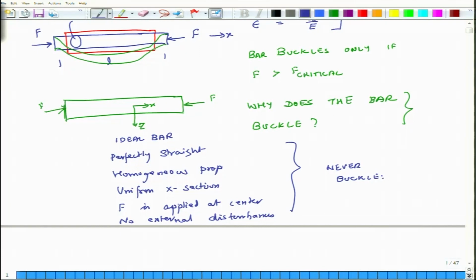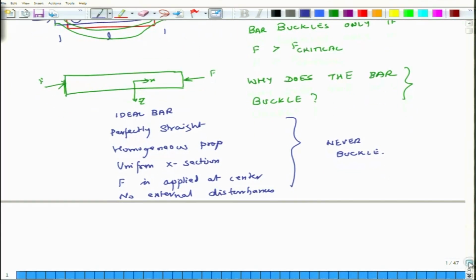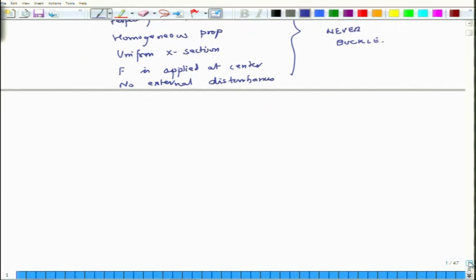But in reality this is not the case. In reality, instead of being a perfectly straight bar, the bar may be slightly bent.